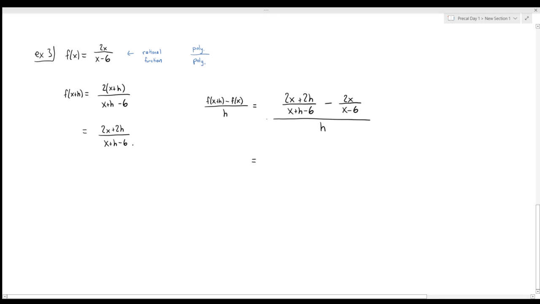In order to combine the two fractions, since we're subtracting them, remember that when you're adding or subtracting fractions, you need a common denominator in order to combine them. So let's first get a common denominator between the two of them. Let's take the first fraction here, and we'll multiply the top and the bottom by the x minus 6.